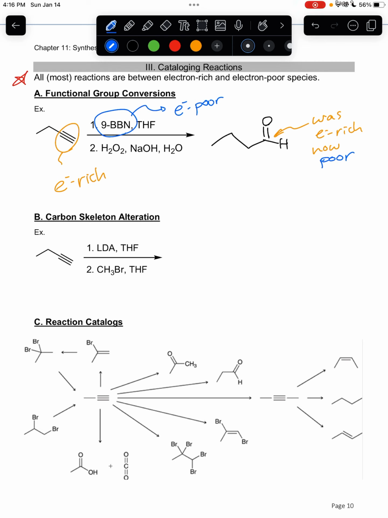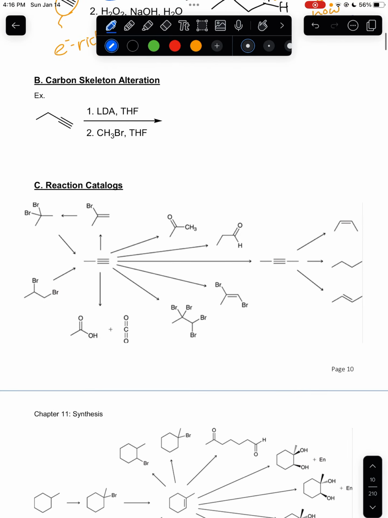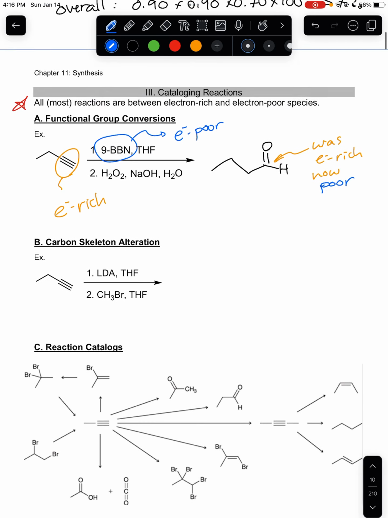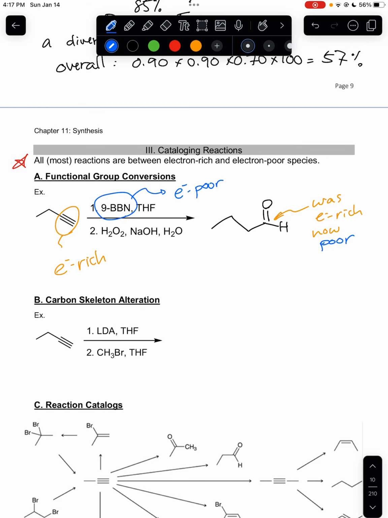Why would I say that carbon is now electron-poor? Well, it's part of a carbonyl group, double bonded to an electronegative oxygen, so it even has a partial positive charge. It's an electron-poor group now. But we would consider this a functional group conversion reaction.